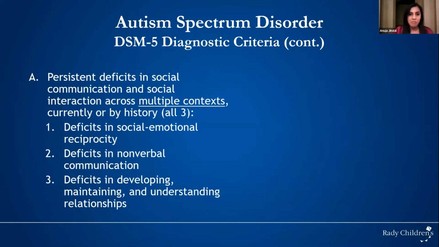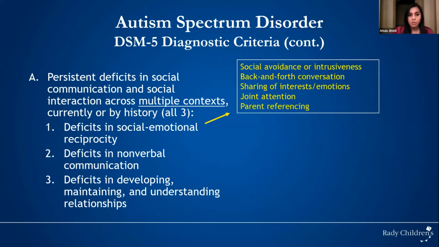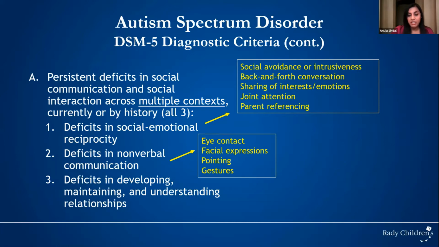Delving a little bit deeper, in terms of persistent deficits in social communication, things that we look for are deficits in social emotional reciprocity. We're looking at deficits in not just verbal communication, but in nonverbal communication. This can sometimes separate a child with isolated expressive language delay from a child that has actual social communication deficits.